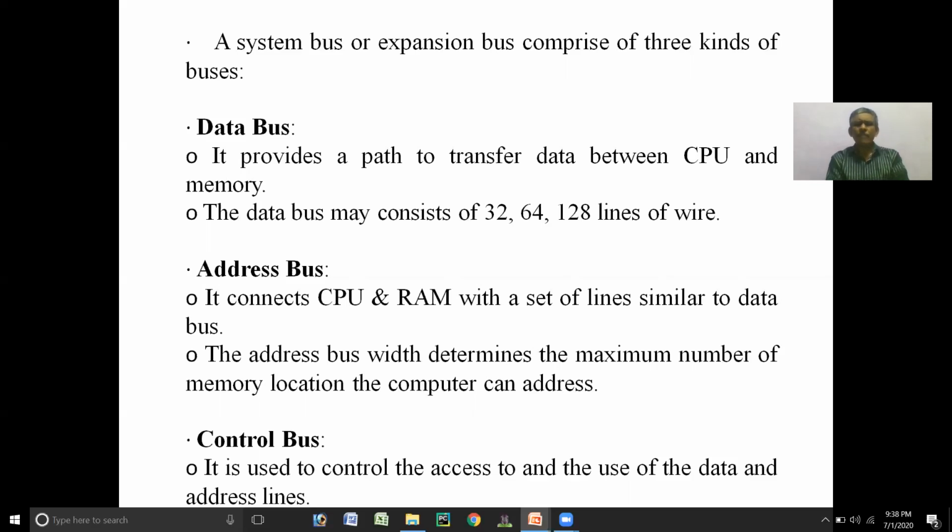The data bus provides a path to transfer data between CPU and memory. The data bus may consist of 32 lines of wires, or 64 lines of wires, or 128 lines of wires. These lines of wires decide the width of the bus.